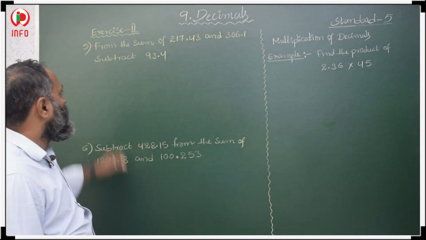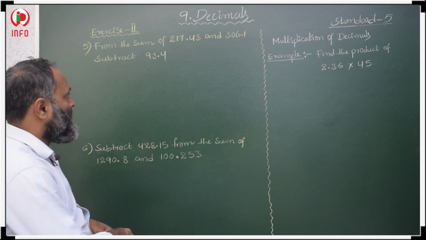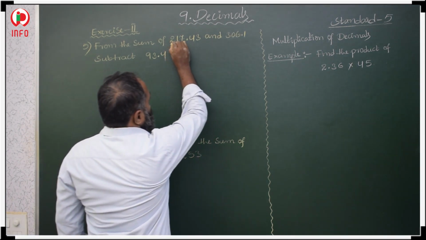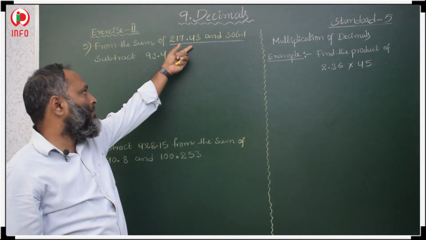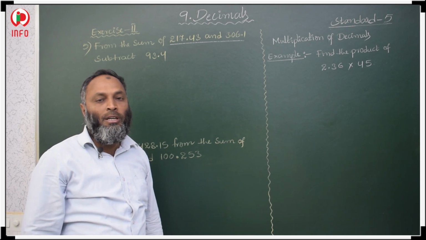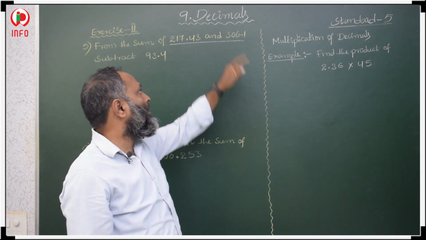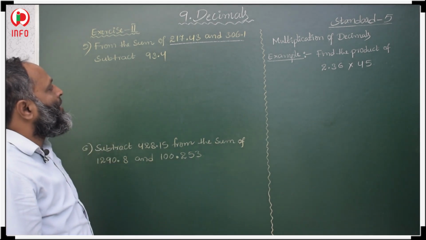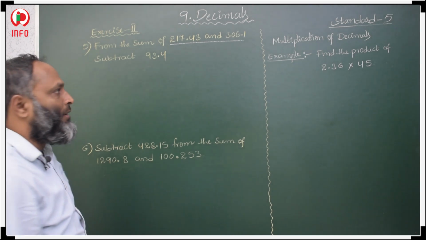The next question. From the sum, so we should add these two. From the sum of these two we should subtract 93.4. It means first we should find the sum of 217.43 and 306.1.